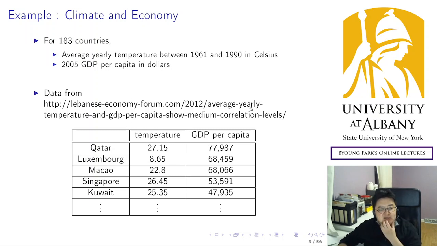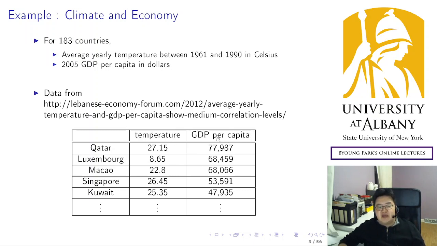I don't know what it is, but it's interesting that if I order the countries in the order of GDP per capita, Qatar is at the top, Luxembourg is the second, Macau, Singapore, Kuwait. So what we are going to do here, and it may be a stupid question, is just study the relationship between temperature and GDP per capita.